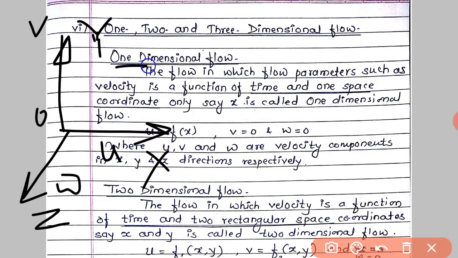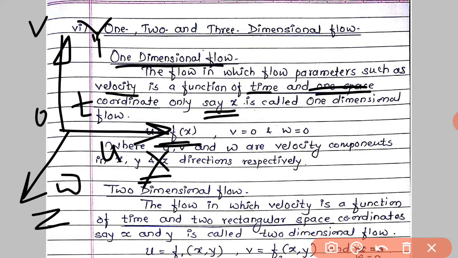So for one dimensional flow, that is one dimension means x direction only, the flow in which flow parameters such as velocity are a function of time and one space coordinate, say x. Velocity is a function of time and one space coordinate, that is the x-axis only. So u is equal to f of x.